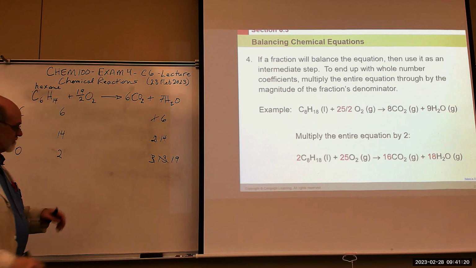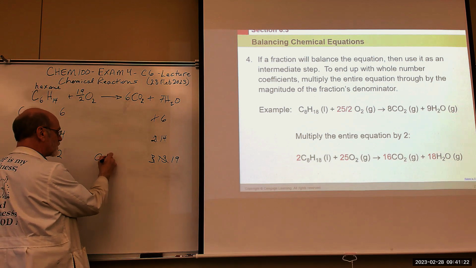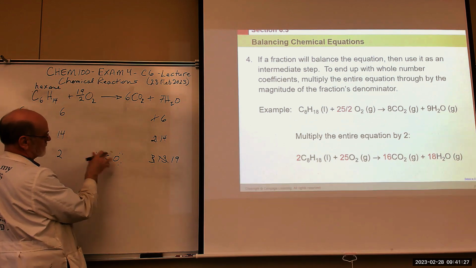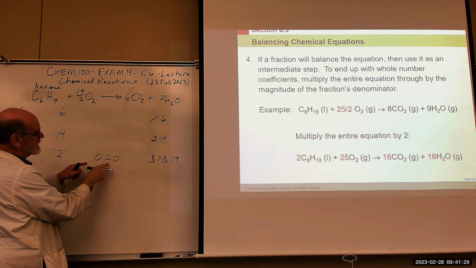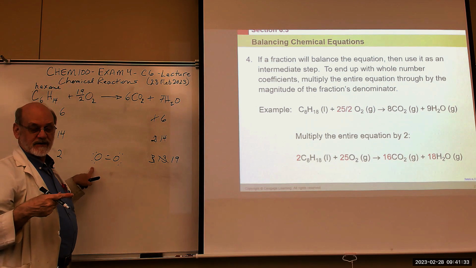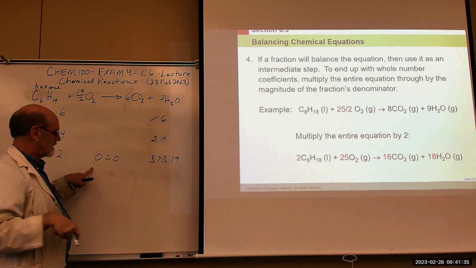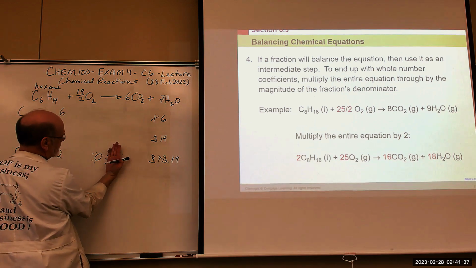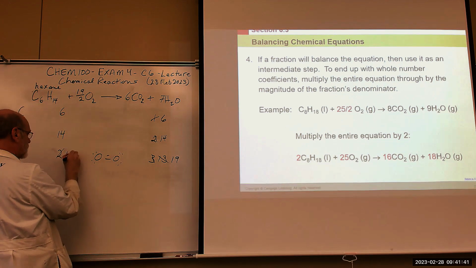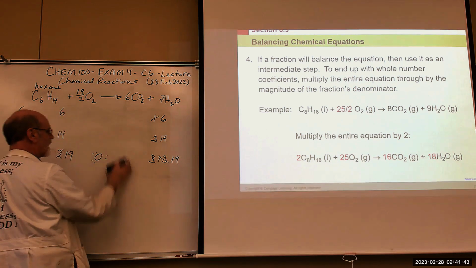Right? The oxygen molecule is like this. So if I have 19 of those, I would actually have 36. So I'm going to take half of that. Now I've got 19 of those. That means the equation is balanced.